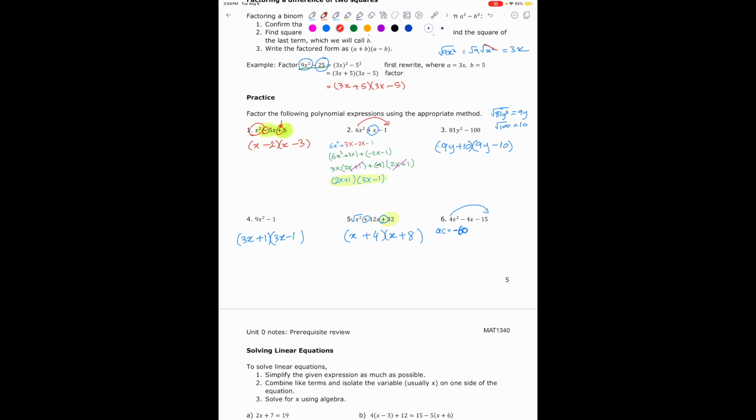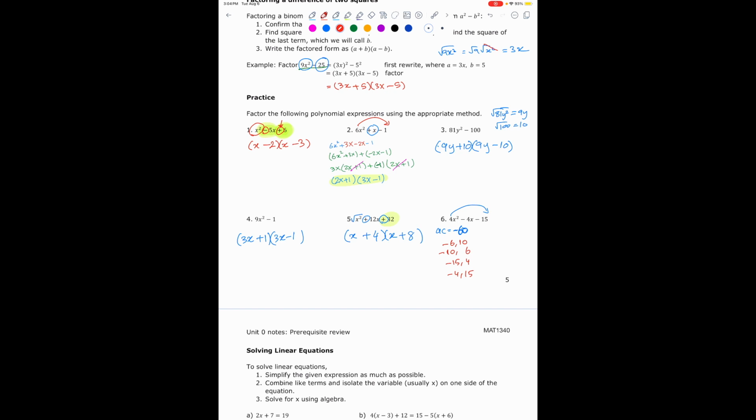All of the factors of negative 60: I have negative 6 and 10, 10 and negative 6. I have 15 and negative 15 and 4, 4 and negative 15, negative 4 and 15. I made the same mistake here, so negative 10 and 6. Okay, so those are the options that I can think of.